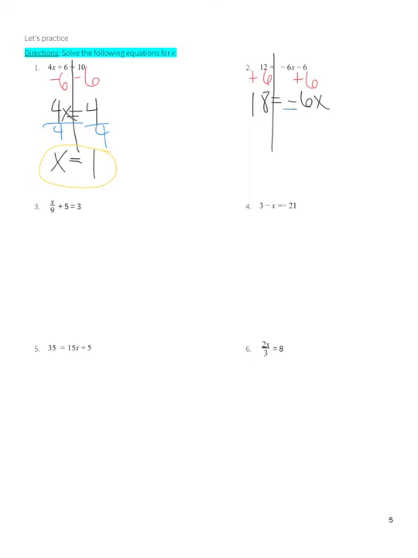So I need to divide both sides by negative 6. 18 divided by negative 6 is equal to negative 3. And negative 6 divided by negative 6 is 1, so I'm simply left with x on this side. So my answer is negative 3 is equal to x.